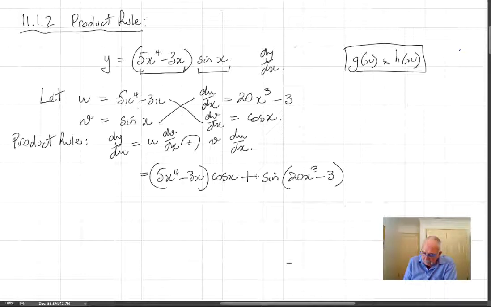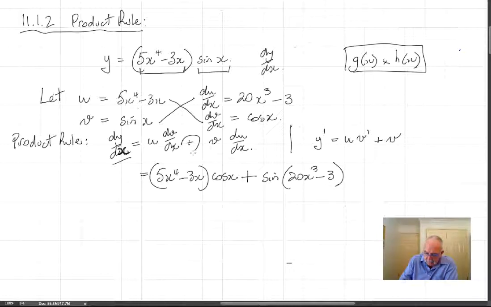Sometimes to remember the rule, it is quite okay, instead of writing dy dx, to say y dash. Sorry, this should be dy dx, shouldn't it? dy dx is equal to u dv dx plus v du dx. So instead of dy dx, we write y dash is equal to u times, now dv dx is just v dash, plus v, and this is du dx.